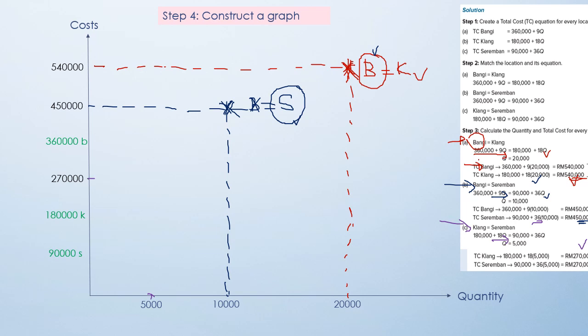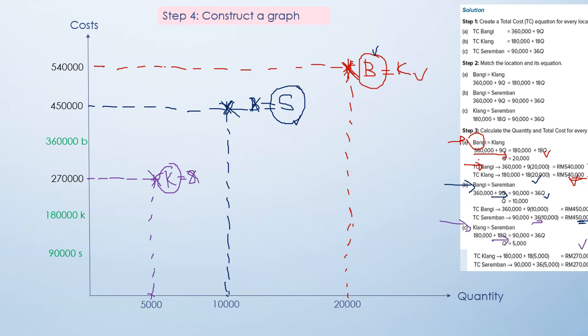So this is the total cost, 270,000, and this is the quantity, 5,000. So this is the third intercept. It belongs to Klang and Seremban. Okay, this is the match. But we have selected Seremban in the second intercept just now, so this intercept belongs to Klang.